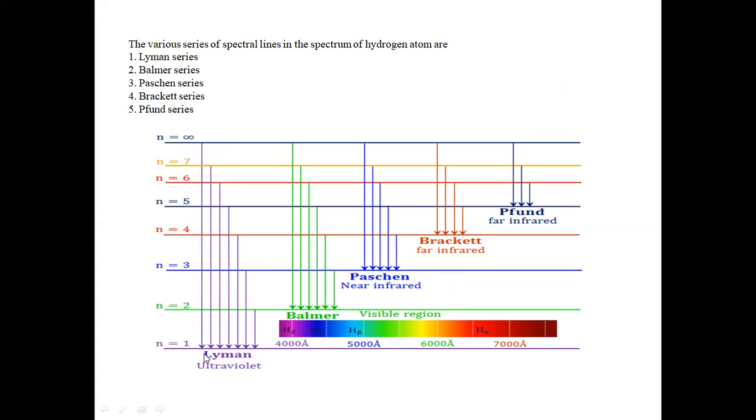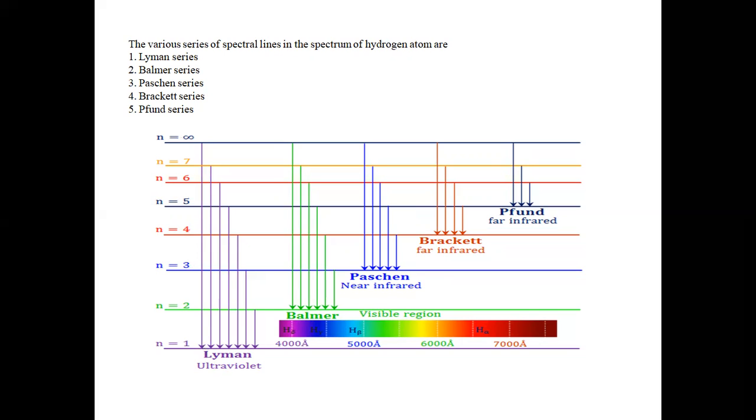Once the electrons are excited to the higher energy levels, either to the third energy level or fourth energy level, or even to the infinity energy level, they immediately fall back to any of the lower energy levels.